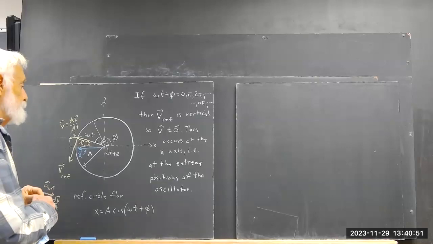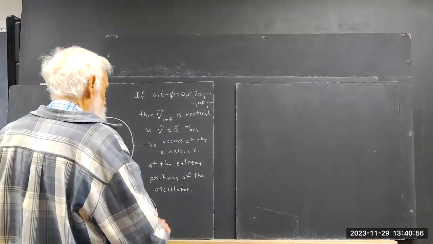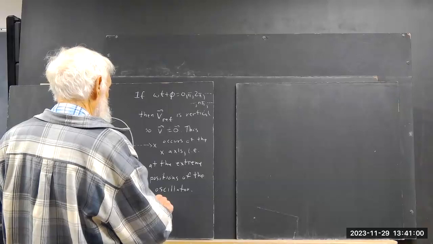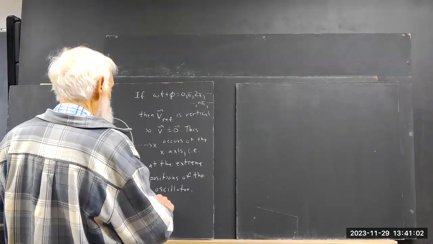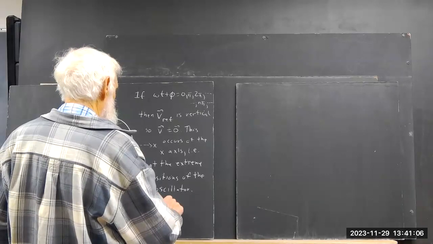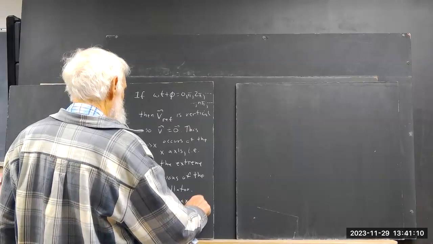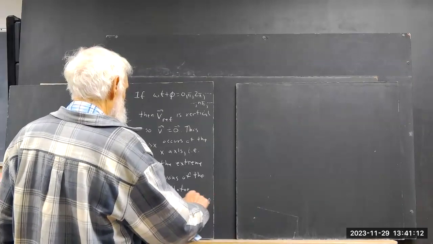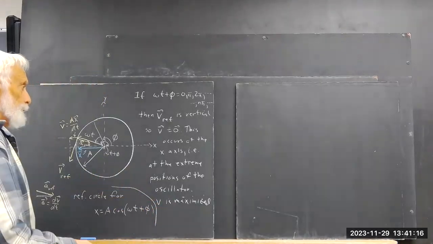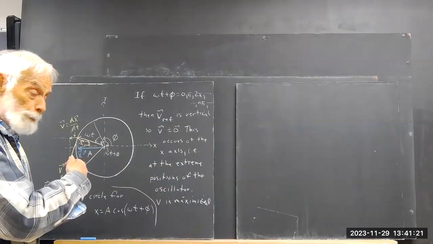So I'll say that V, the actual velocity of the oscillator, don't put a ref on it, I'm talking about the actual oscillator, okay?